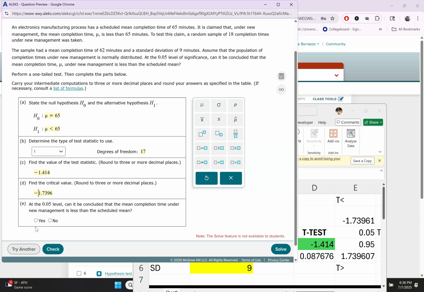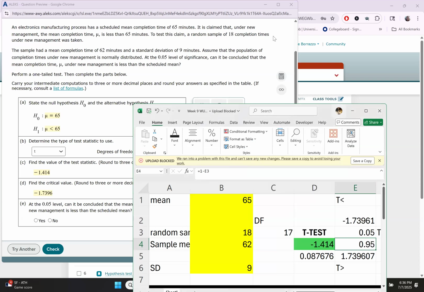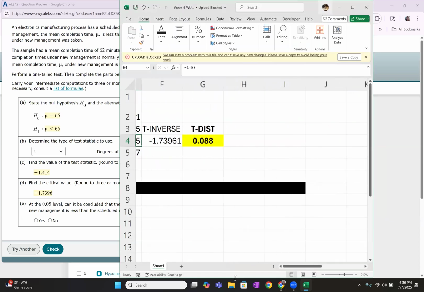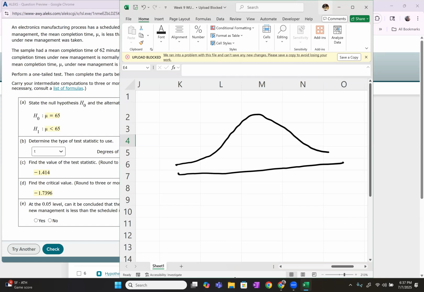So draw a normal distribution if you would. Let me see if I can get this to draw for me. Give me a second. Okay, so here is a normal distribution with the z-score.